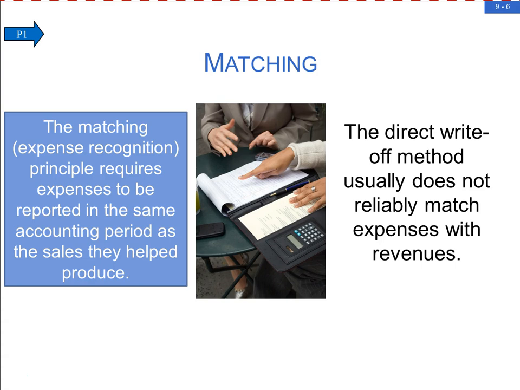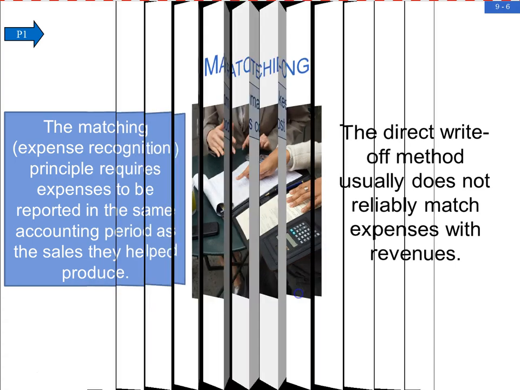That concept, once again, is we want to match the expenses with the revenues that those expenses helped create. Meaning you want to report both the expenses and the revenues in the same period. And the problem is, of course, if you use this method, as you will see in a moment, it doesn't necessarily match the bad debt expense with the revenue that those extending credit actually help generate.